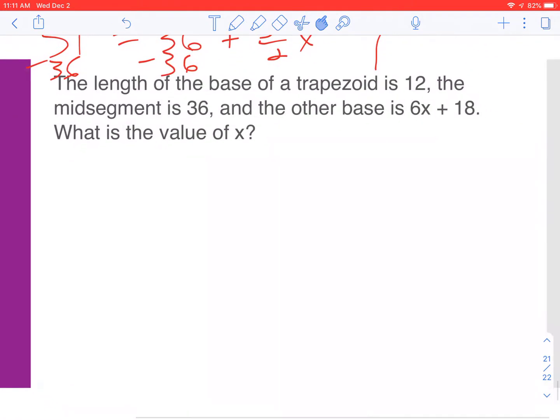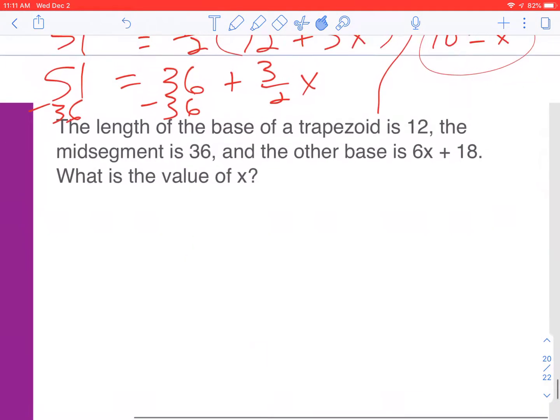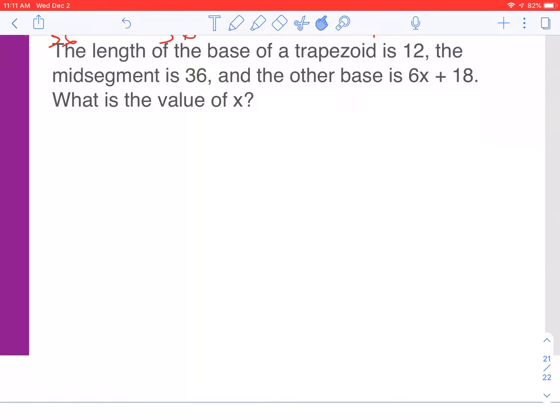All right, this last question I want you to do on your own for practice, so you can enter the answer into the Edpuzzle. So what you're going to do is list out your mid-segment, which is 36.